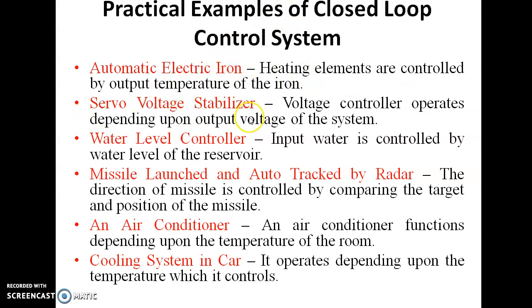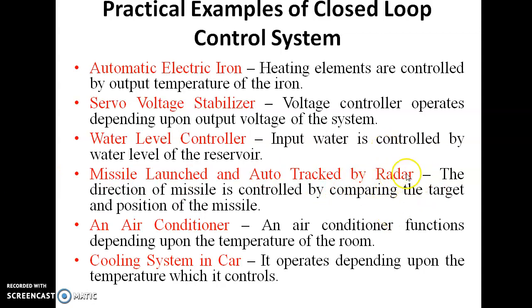The servo voltage stabilizer, which maintains the output voltage constant, is also a practical example of a closed loop control system. Water level controller: the input water is controlled by the water level of the reservoir. Then a missile launched and auto tracked by radar. Radar, which is radio detection and ranging, is used for detecting the height of an object in the air and finding its position and distance from the earth surface.